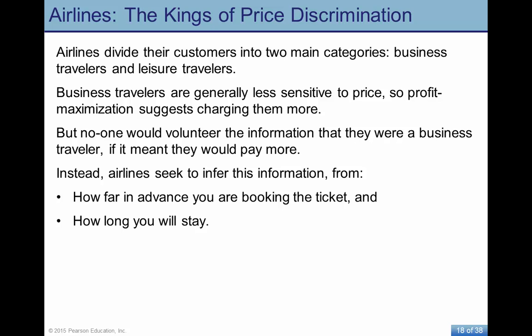Airlines, the kings of price discrimination. Airlines divide their customers into two main categories: business travelers and leisure travelers. Business travelers are generally less sensitive to price, so profit maximization suggests charging them more.